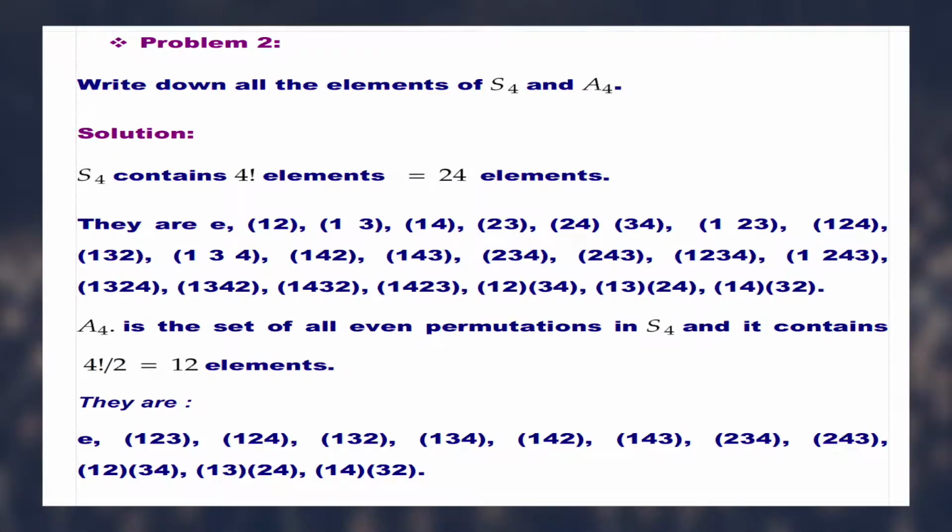Finally, let us see the next problem for our clarification towards An and Sn. The second problem is, write down all the elements of S4 and A4. The solution is, S4 contains 4 factorial elements, equal to 24 elements.